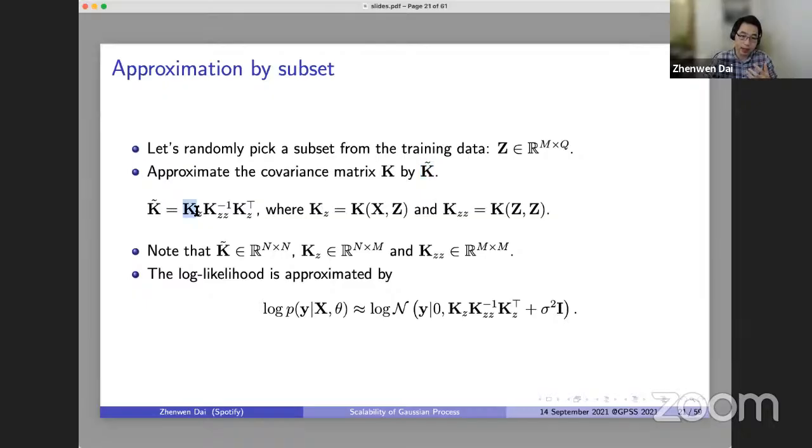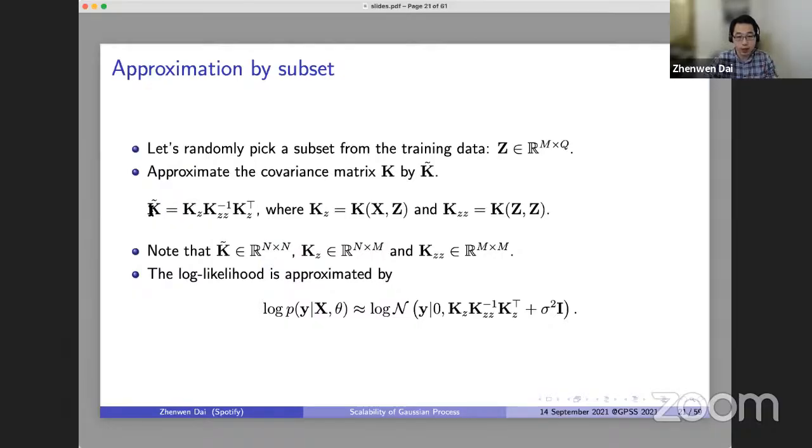It is written as KZ multiplied by KZZ inverse and KZ transpose, in which KZ is the cross-covariance matrix between the original training data X and the subsampled training data Z, and KZZ is the covariance matrix between Z and Z. Therefore, KZZ is an m by m matrix, and KZ is an n by m cross-covariance matrix, because X has n data points and Z has m data points. So K tilde still has the shape n by n because we multiply with KZ on both sides.